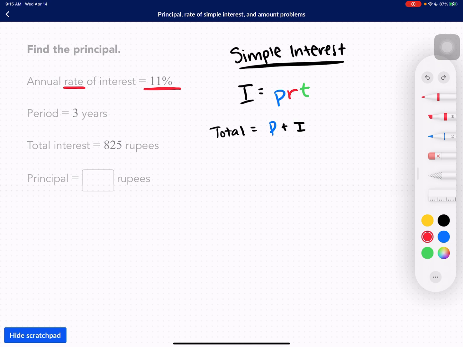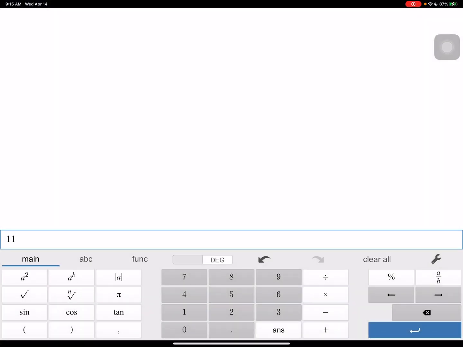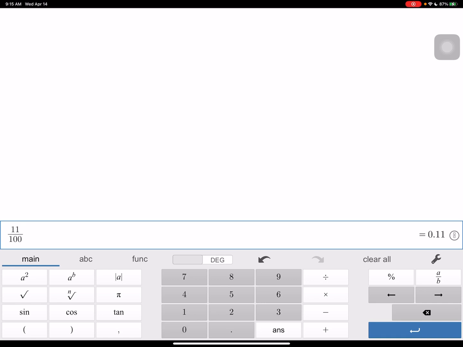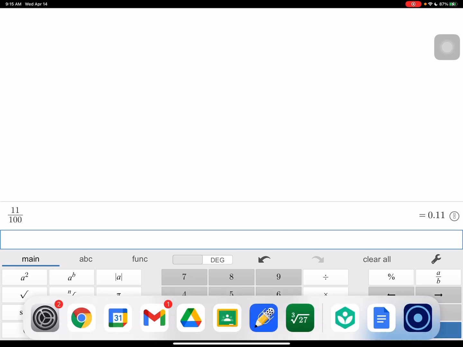All right. So this 11%, we need to write that as a decimal. To go from a percent to a decimal, we move the decimal place back 2 spots. Or you can divide 11 by 100, because every percent is out of 100. So you see there it's 0.11 or 11 hundredths.